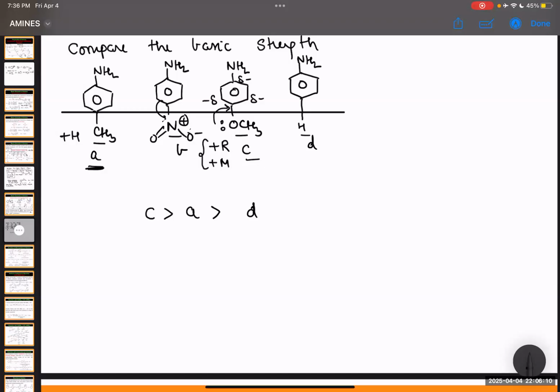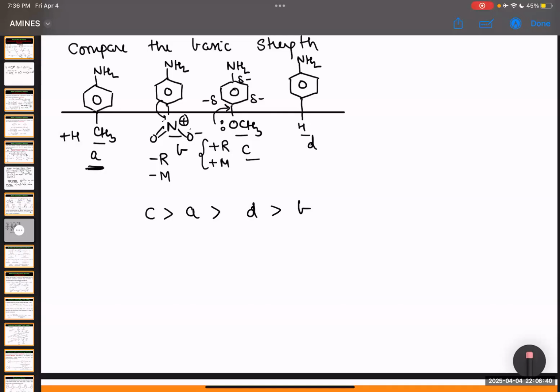NO2 is the group which will pull the electron towards itself by resonance. It will withdraw electron, and if the electrons are withdrawn, how can it be basic? So C, D, and then you have B. I hope you understood this. Meera and Upasna, is it clear?